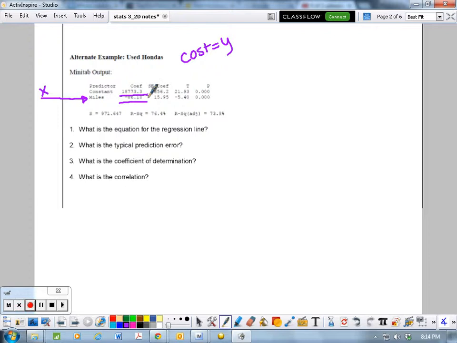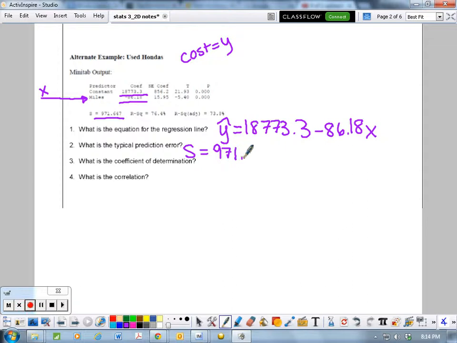So when I write my equation, y hat equals 18,773, oh, when I get too close, it's hard to read, so it looks like 0.3 minus 86.18x. Typical prediction error is our s, 971.647, and this is cost, so this is dollars.